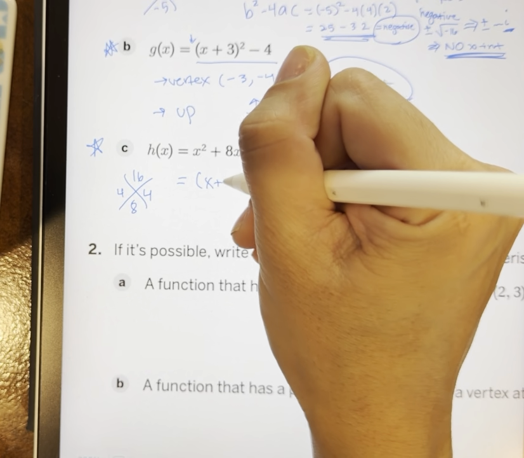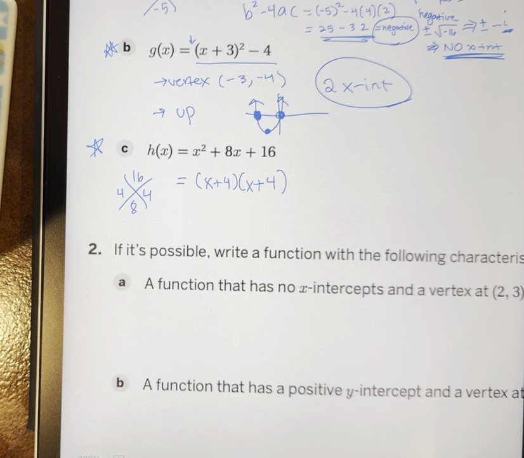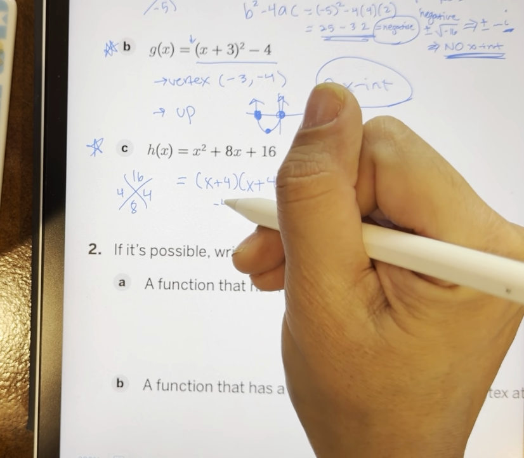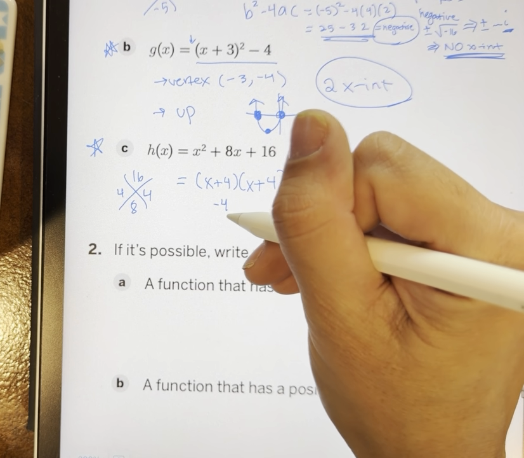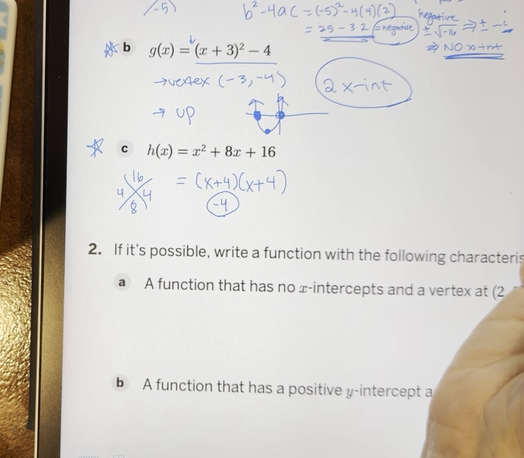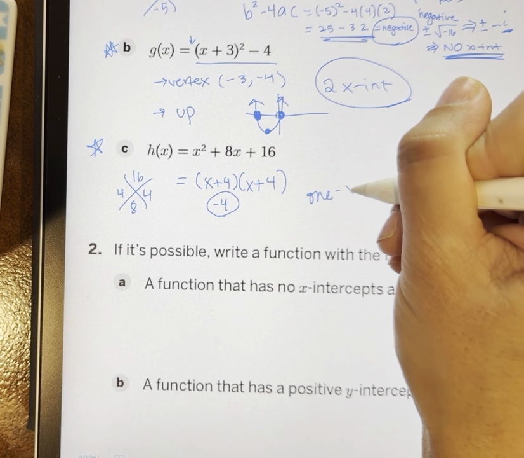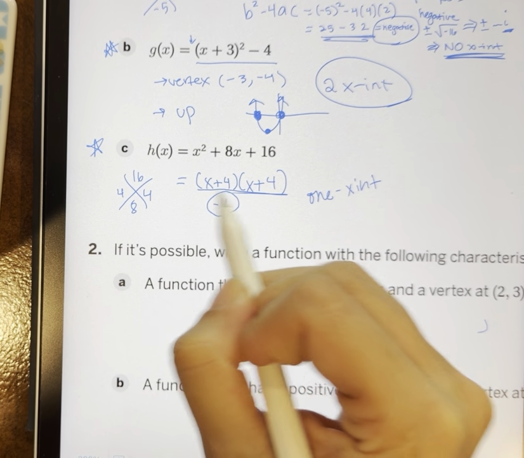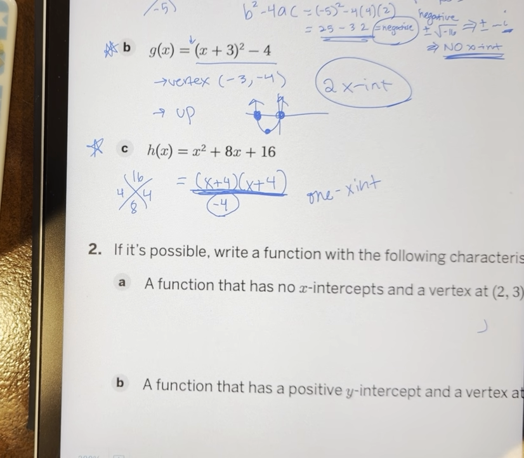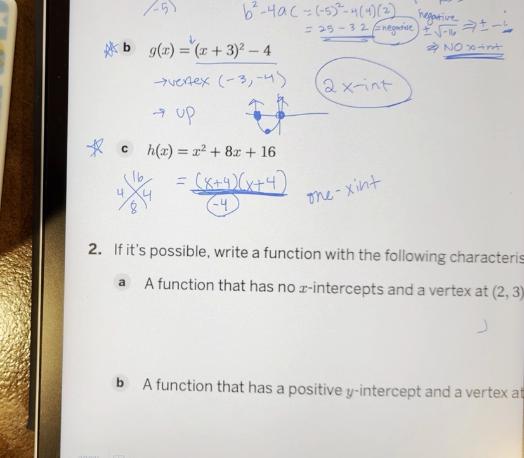So this is x plus 4 and x plus 4. That means that I've got an x-intercept at negative 4, and then another one at, oh no, also negative 4. I only have 1. Okay, this is 1 x-intercept. Why is it just 1? Because each of these parentheses could give me 1, but when they both give me the same one, that's just 1 x-intercept. All right.